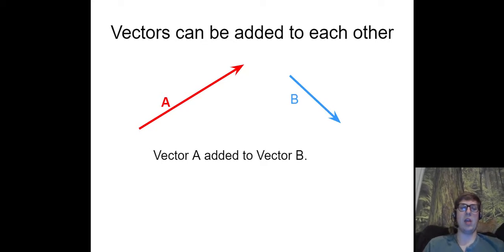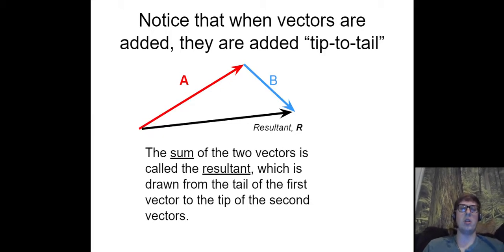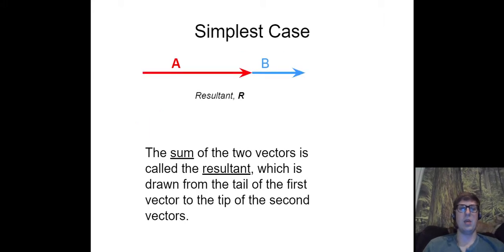If we add vector A to B, we use the tip-to-tail method, as I've been talking about, and the resultant vector is the sum of the two vectors, called the resultant. It's when you draw from the tail of one to the tip of the other. That is an added vector.